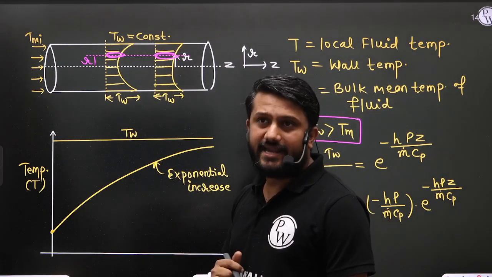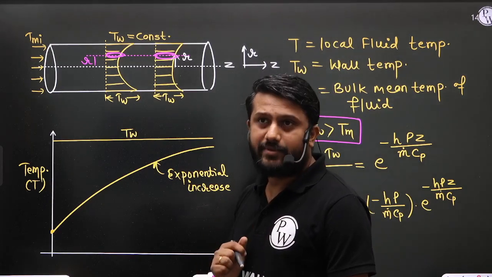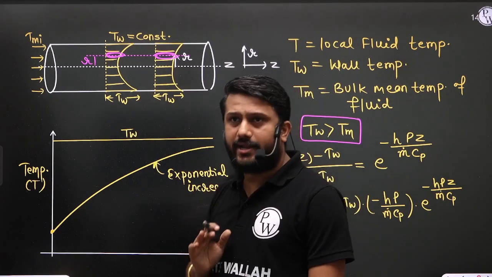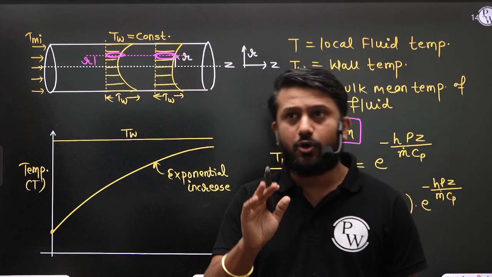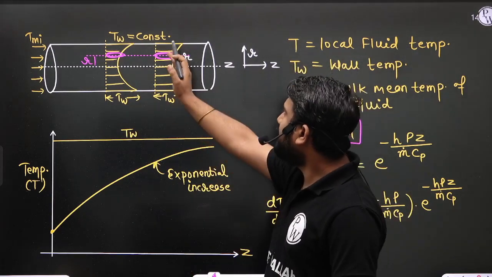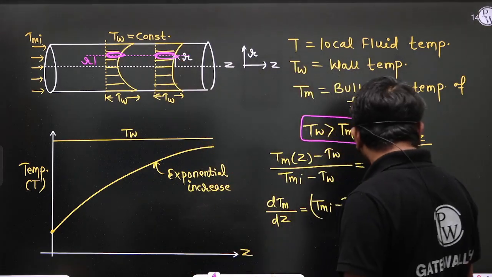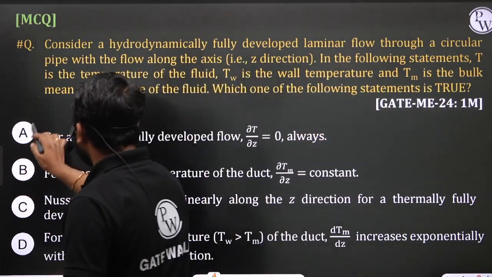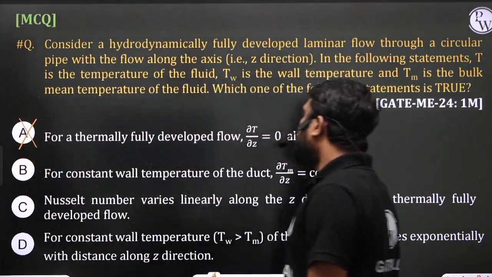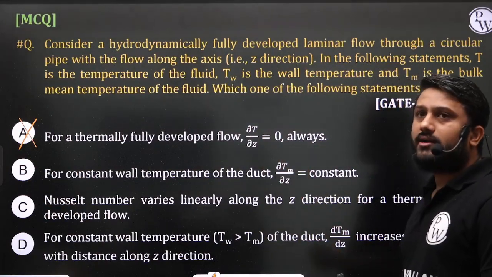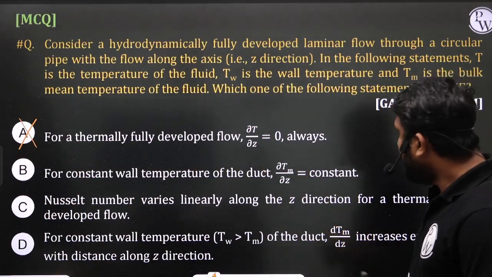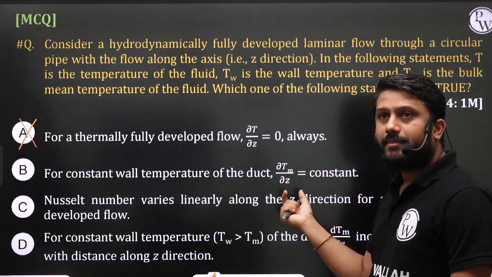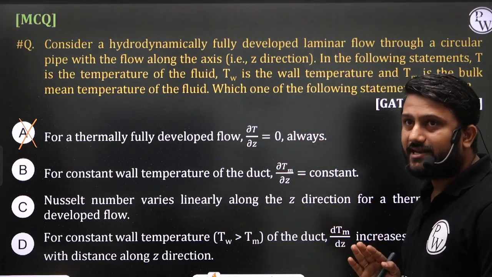Bulk mean temperature, or you can say the local fluid temperature, is also increasing in the Z direction. So option A is incorrect. For a thermally fully developed flow, del T by del Z is not equal to 0. I hope you can understand this point.